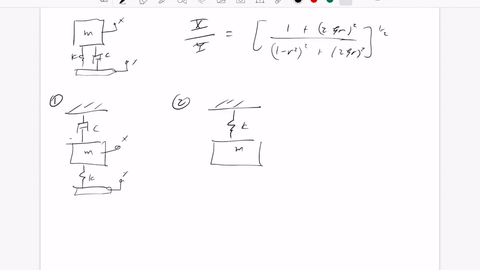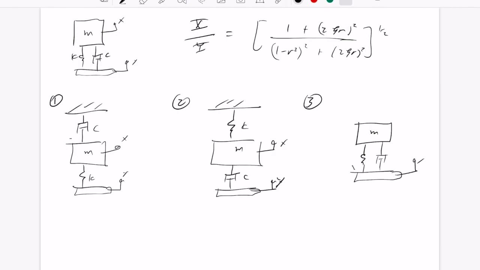There's our damper, and that's our displacement y. Then we're going to look at the system that's above, where there's nothing fixed: mass, spring, damper. We'll also show you how the book gets its solution.